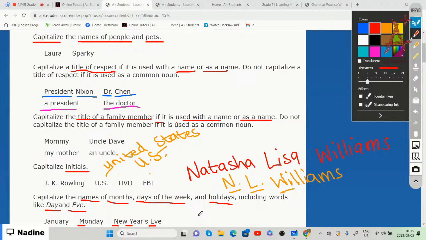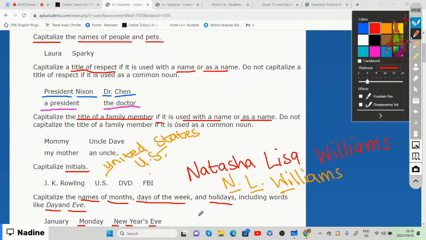So remember, we capitalize names of people and pets. Titles of respect, if they are used with a name or as a name. But if it's used as a common noun, nope, lower case. We capitalize titles of family members if they are used with a name or as a name, for example, Mommy or Uncle Dave, but not if we generalize and say the uncle or an uncle or my uncle.